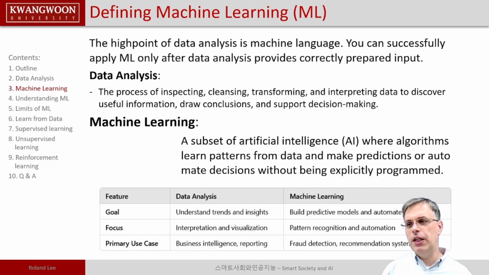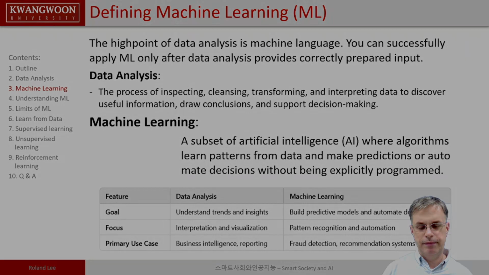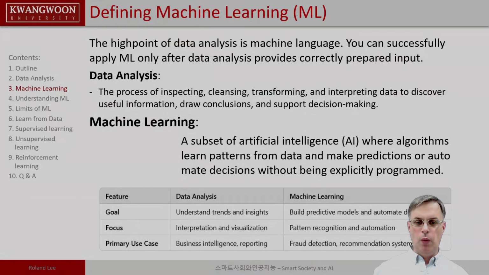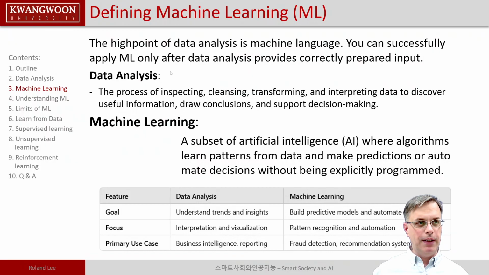Now we can continue with defining machine learning itself. Well, the top or high point of data analysis is machine learning, and you can successfully apply machine learning only after data analysis provides correctly prepared input.